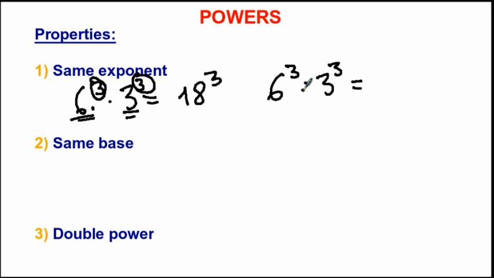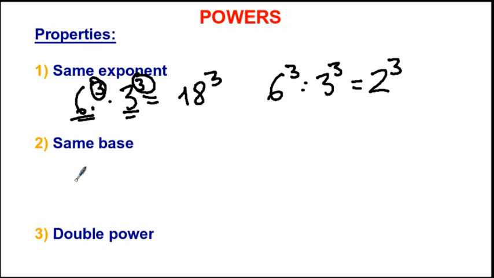So 6 divided by 3 is equal to 2, and you have to keep the exponent. So the result is 2 to the power 3. And we could solve this power because it's very easy. 2 to the power 3 is 2 multiplied by 2 and multiplied by 2, 3 times, and is equal to 8.